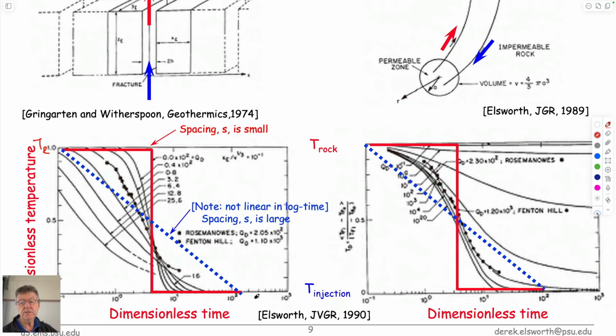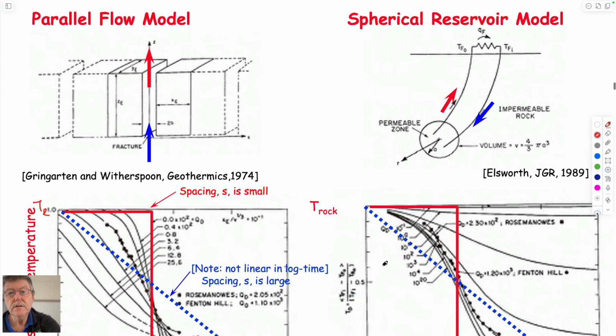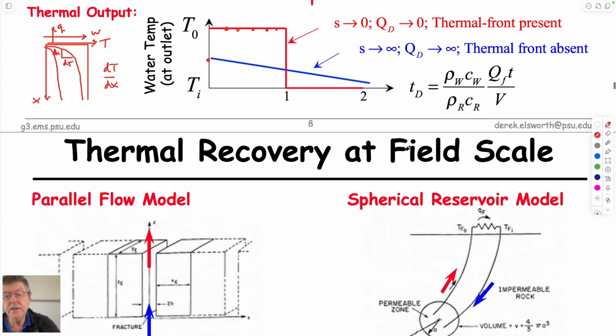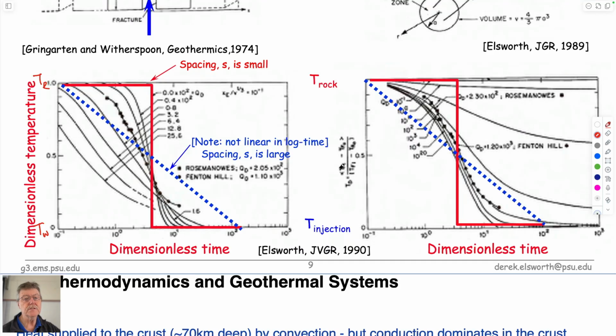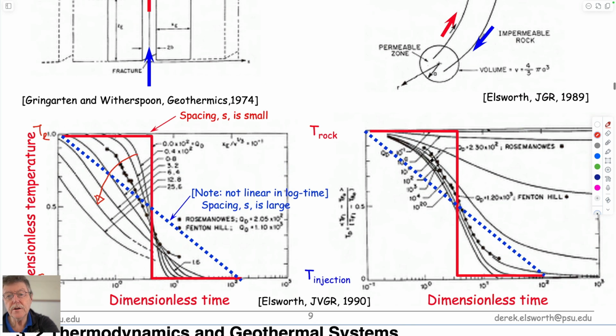And this is a non-dimensional time, similar to the one that we mentioned here, which allows you to scale. So when the fractures are very closely spaced, it tends to be that this is exactly the performance you get. Stays hot at the outlet until the breakthrough occurs, and then it goes to zero. If the fractures are wider and wider spaced, then it goes in this direction. Likewise, if you look at different models for this, you get similar behaviors, just different models.